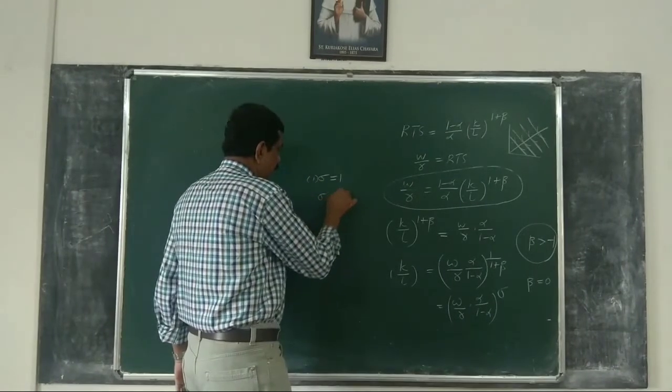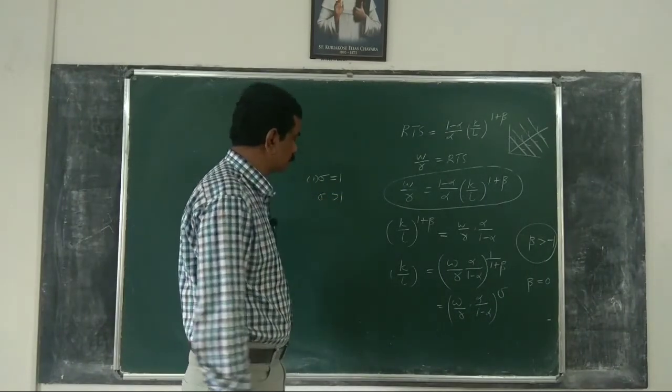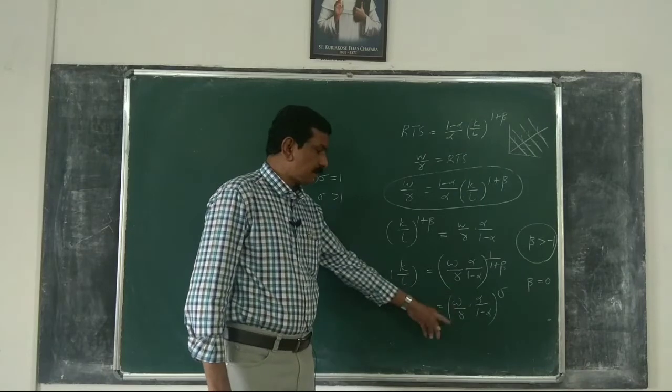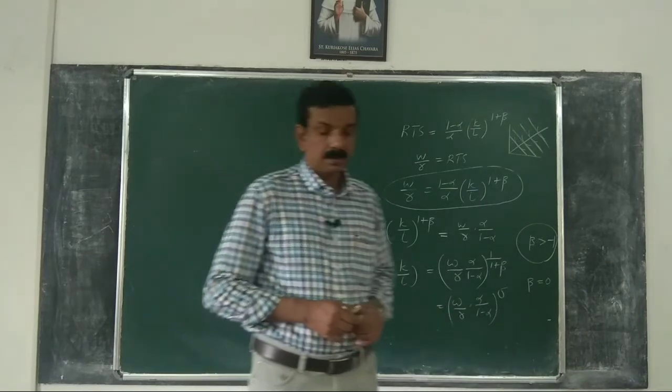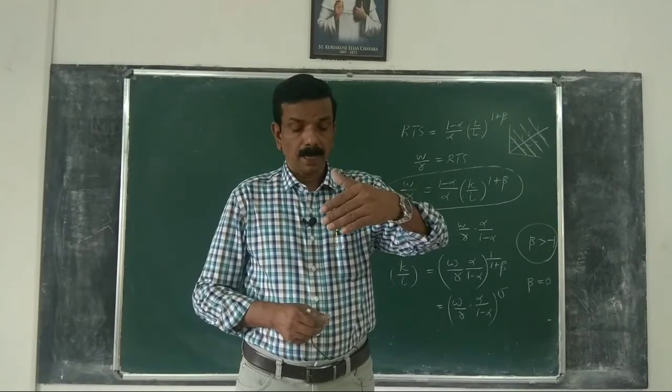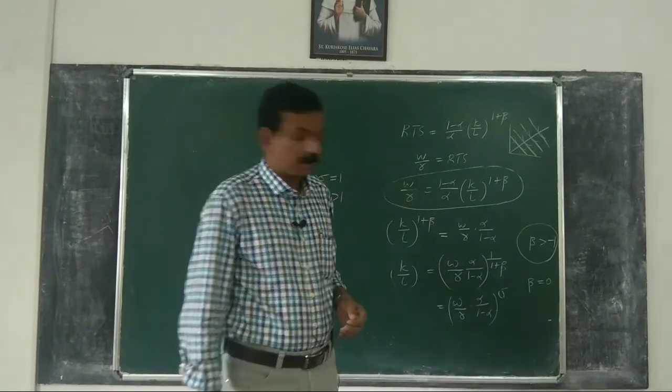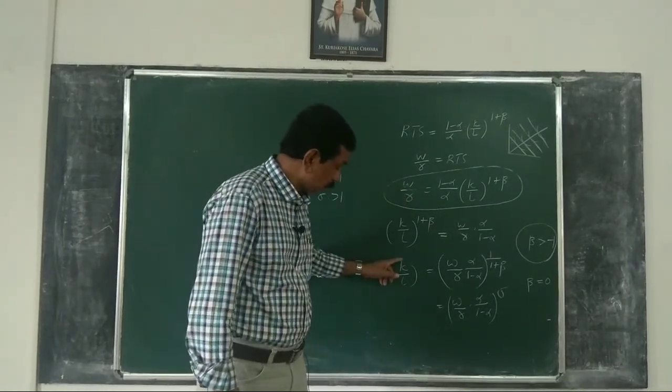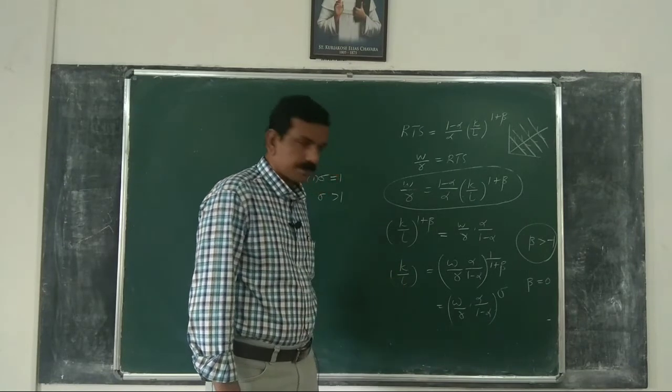If sigma is greater than 1 and W by R changes, there is a greater than proportional increase in the cost minimizing K by L ratio.